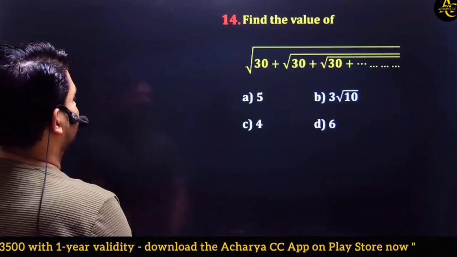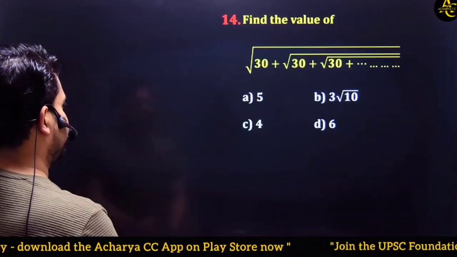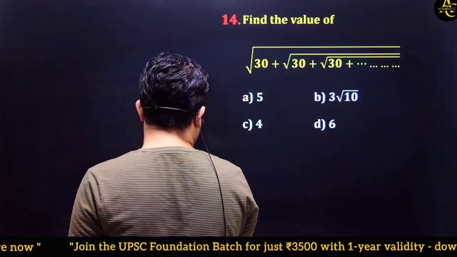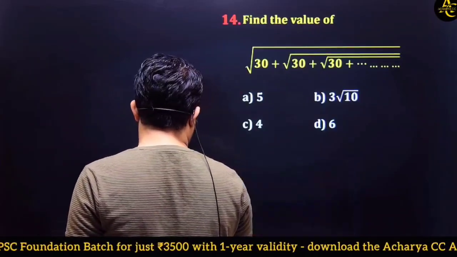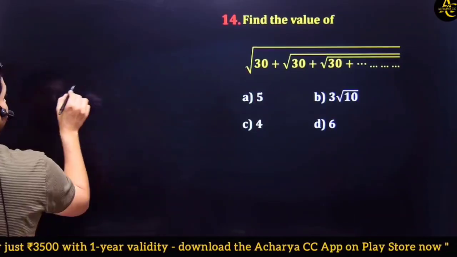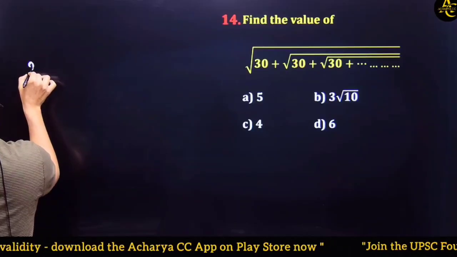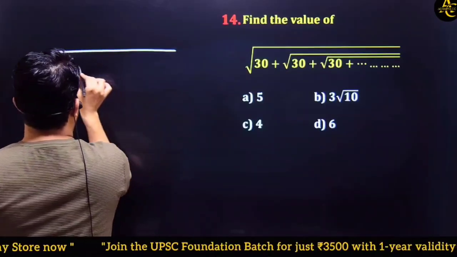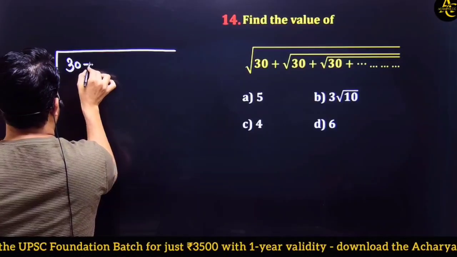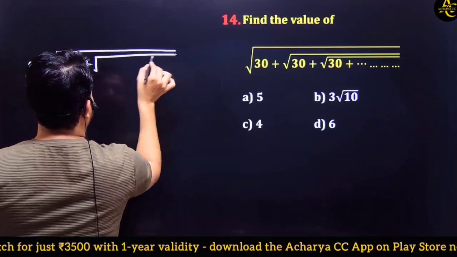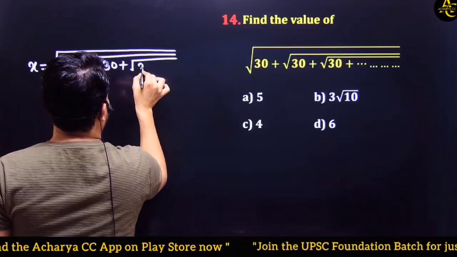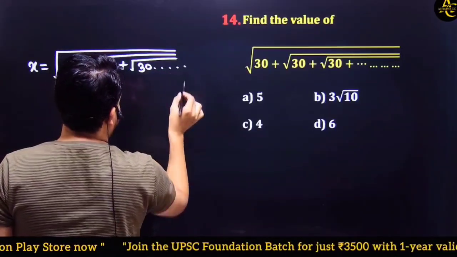Find the value of root 30 plus root 30 plus root 30 and so on. So if I let it equal to x, I have x equal to root 30 plus root 30 plus root 30 and so on.